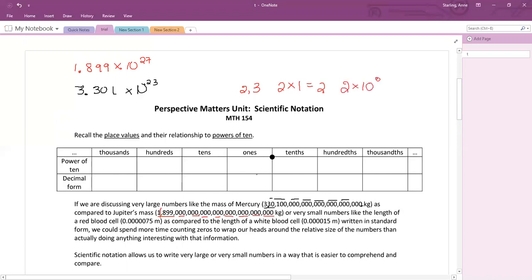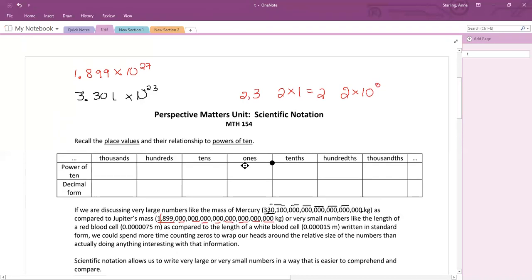So the way we write our ones place is 10 to the 0, which represents a 1. If we want to make 20, that's the same as 2 times 10, or 2 times 10 to the 1. So the way we represent a 10 is 10 to the 1, which is 10.